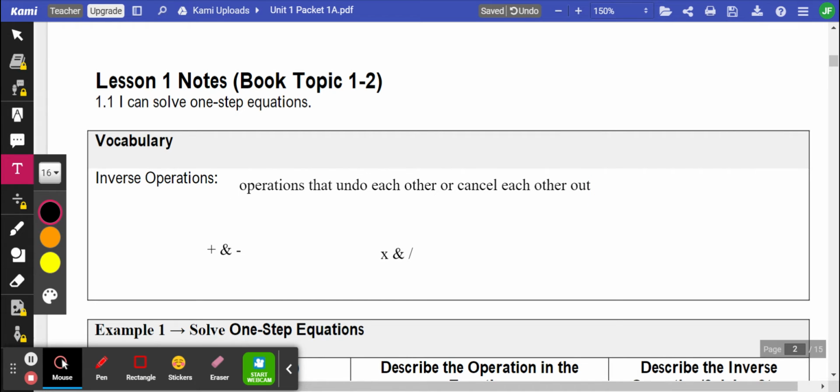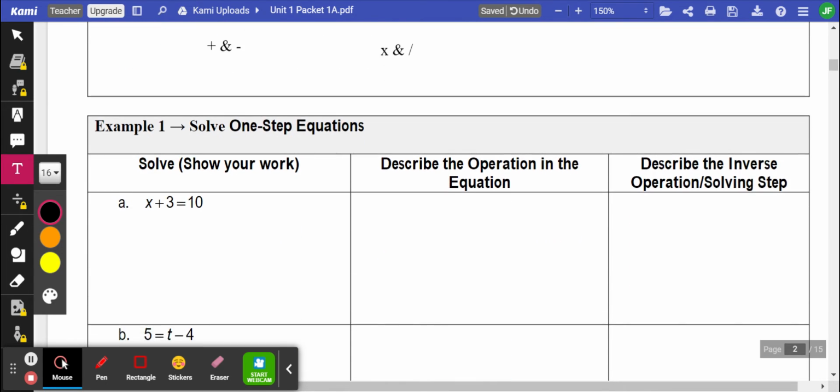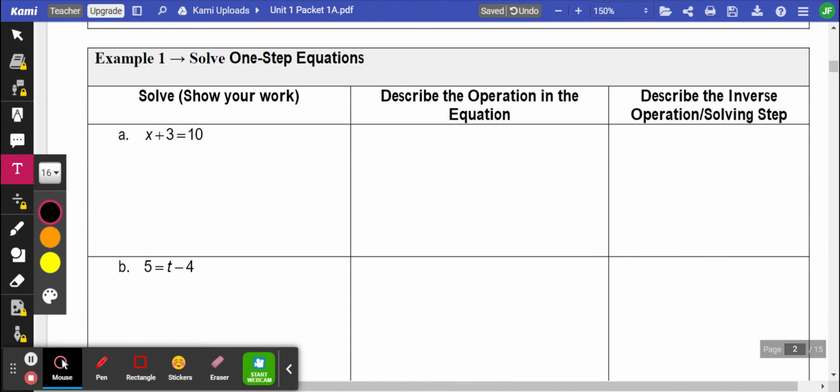Okay, so when we're solving equations, we have two goals. The first is to get the variable alone, so isolate the variable, and the second is to keep our scale balanced. When you are looking at this original problem for A to solve, we need to describe what's happening in that problem.